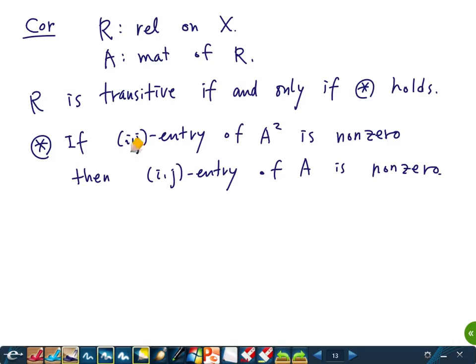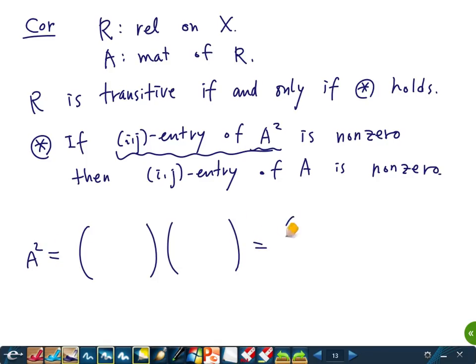What does this mean, by the way? This is A squared, so you multiply A squared like that, and we get some entry here, ij, right?